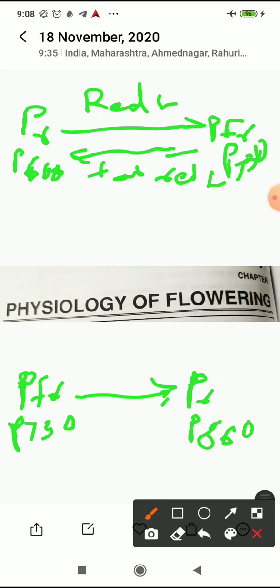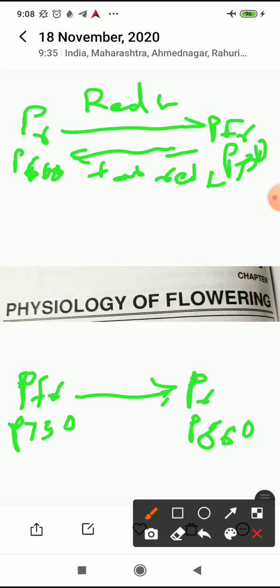PR means the red light absorbing form of phytochrome. It absorbs maximum light in the red region of the spectrum at 660 nanometer wavelength.